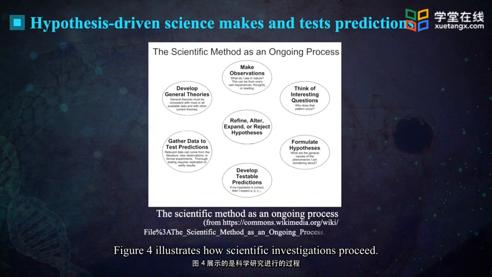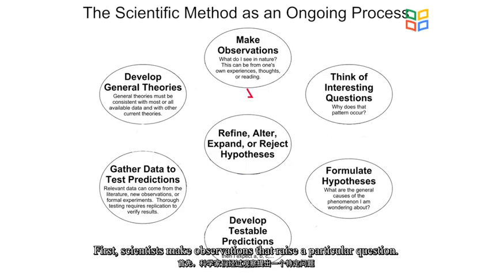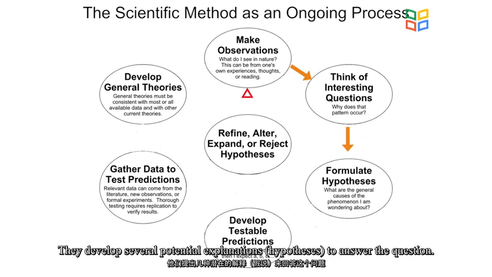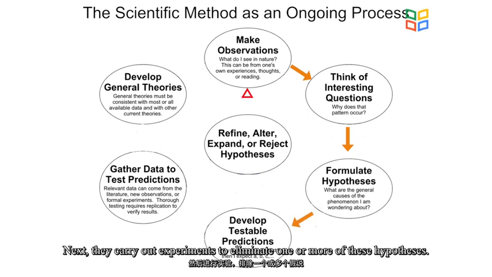Figure 4 illustrates how scientific investigations proceed. First, scientists make observations that raise a particular question. They develop several potential explanations or hypotheses to answer the question. Next, they carry out experiments to eliminate one or more of these hypotheses.